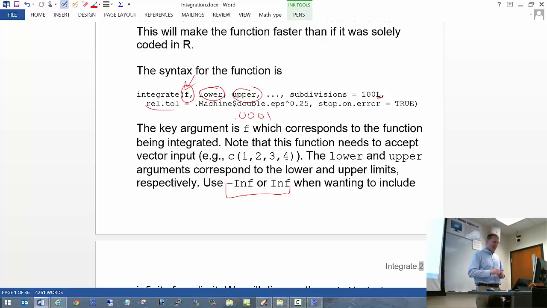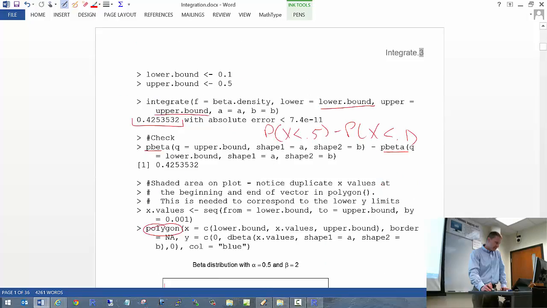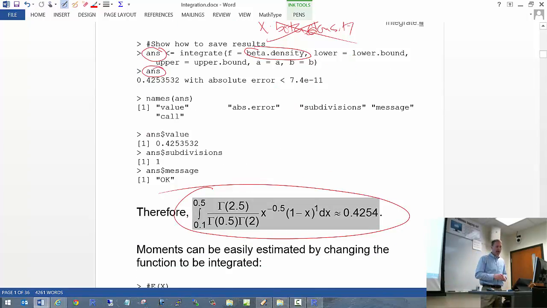Yes? When you pulled out the different items from what you called ants, what does the OK mean? It just means everything worked out fine. Everything was okay. I don't think I've ever, from what I remember, had anything different from that.